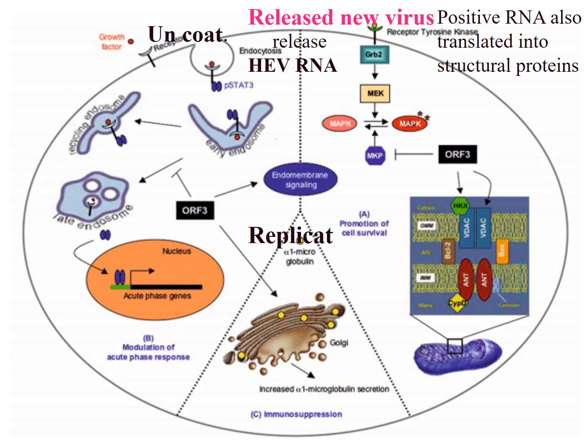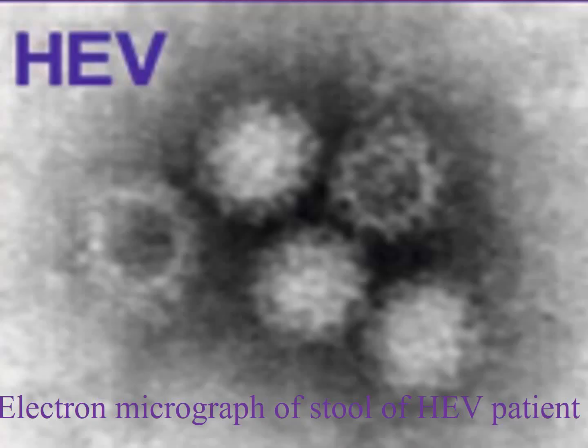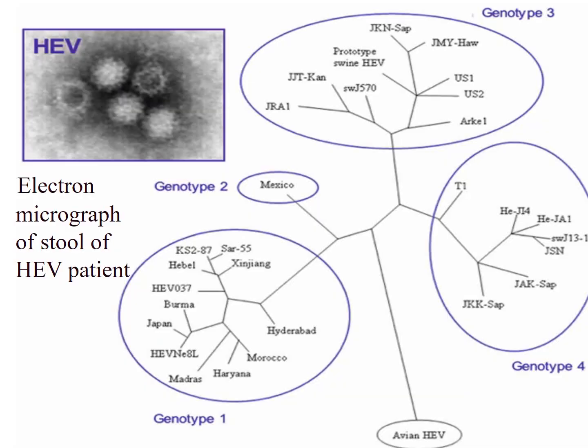When it comes in contact with the liver cell, it uncoats, replicates, and is shed out, releasing the virus. This is the virus by electron micrograph of stool in some patients, and it has been found that hepatitis E virus has three genotypes.